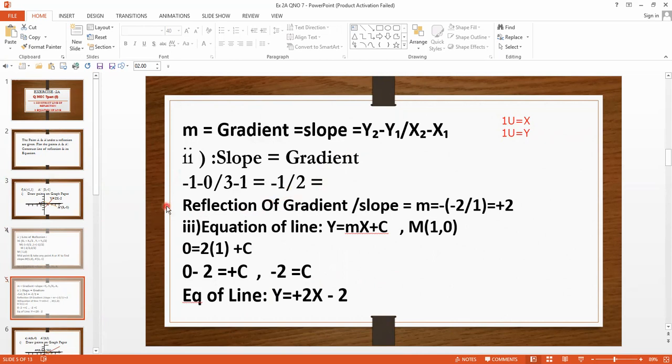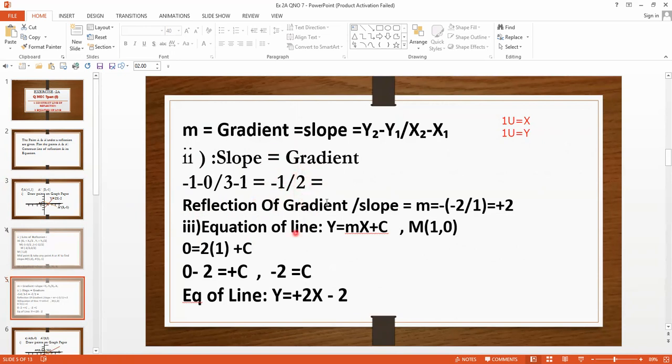But you must remember that whenever you have to find the reflection of a slope, the first step is to change the sign and the second step is to take the reciprocal. In the previous parts, the gradient or slope was only 1 or -1, so you just saw that we had to change the sign. But whenever you have to find the reflection of a slope, keep in mind two steps. First, change the sign, and second, take the reciprocal.